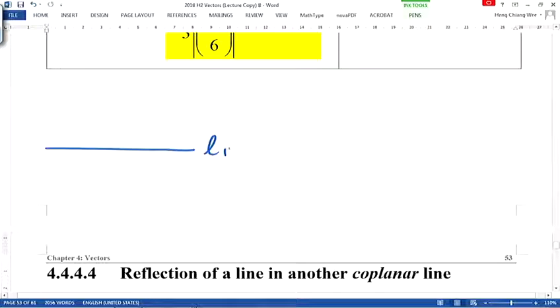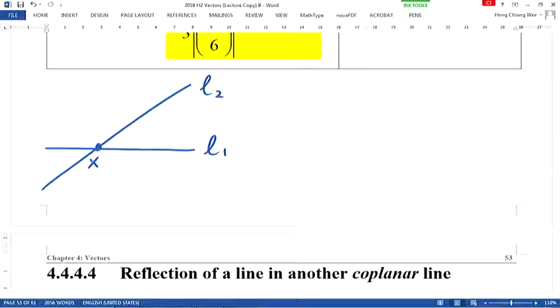This is L1. This is L2. Meaning L1 and L2 are intersecting. When 2 lines are coplanar, there are actually 2 cases. First case is when the 2 lines are intersecting.